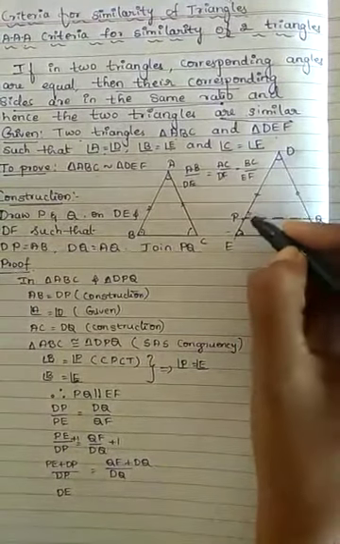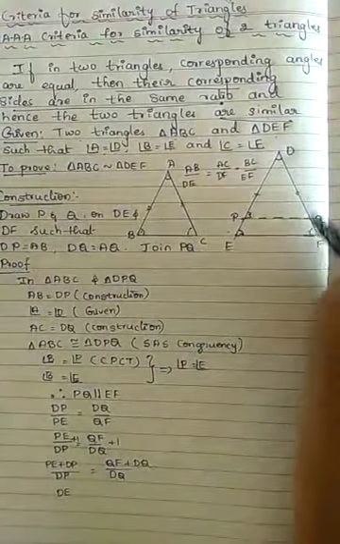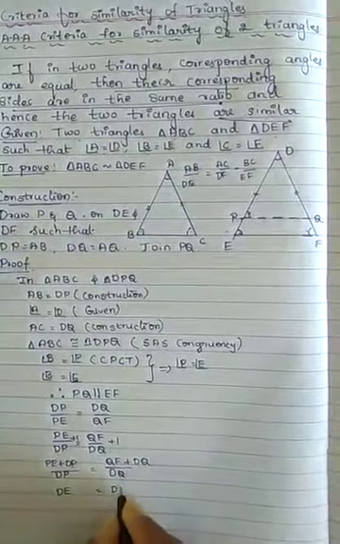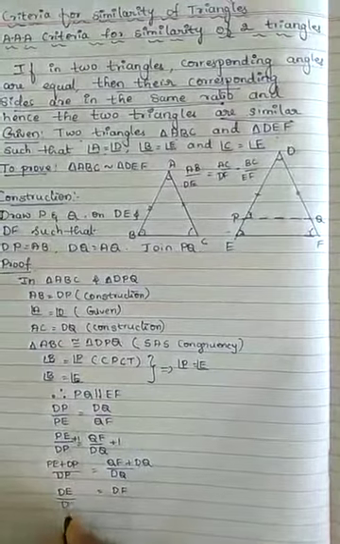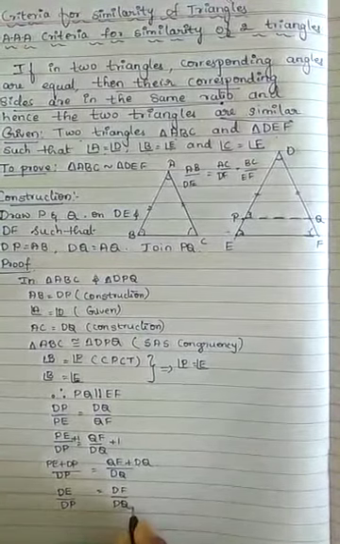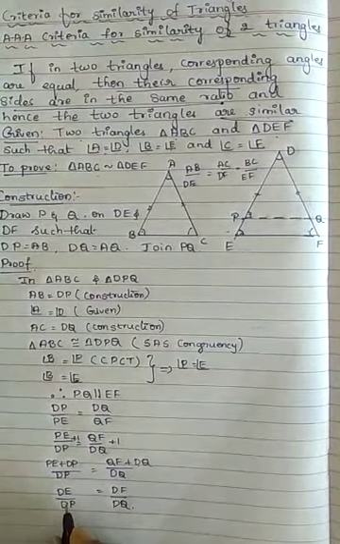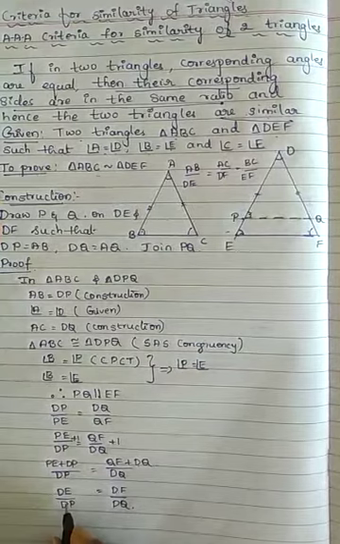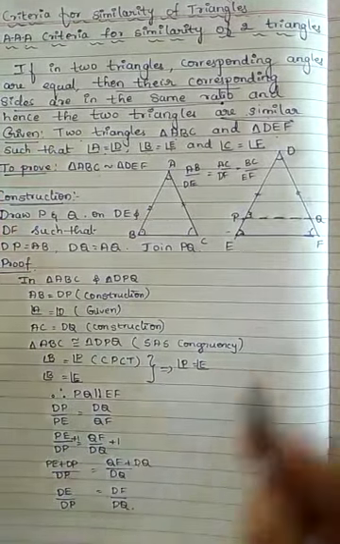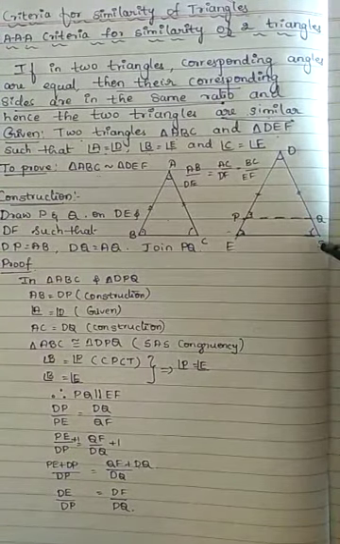PE plus DP is nothing but DE, and QF plus DQ is nothing but DF. So DE by DP is equal to DF by DQ.